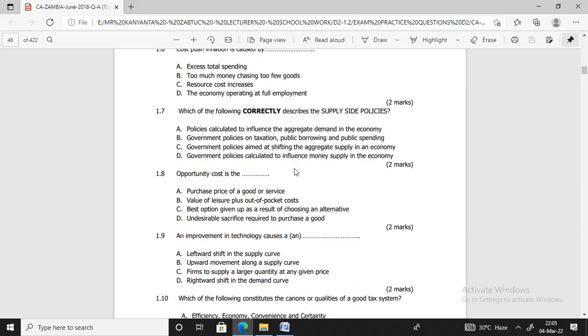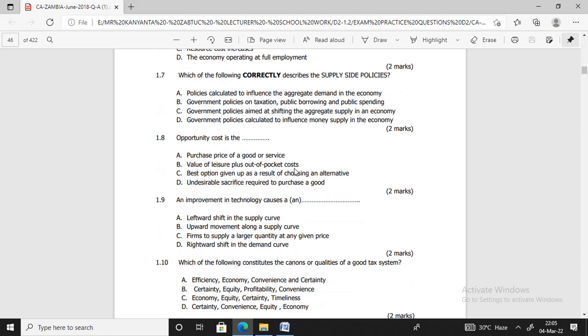Number 1.9, an improvement in technology causes. Now, an improvement in technology will result in efficient production. So an improvement in technology will cause firms to supply a large quantity at any given price. Now, there are some factors that influence supply and some factors influence demand.